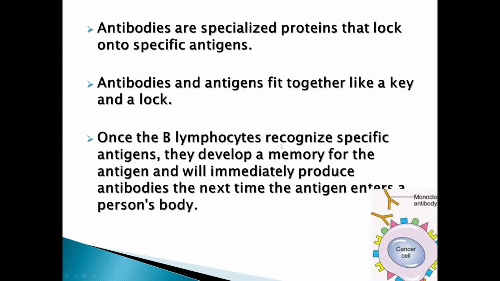So antibodies and antigens fit together like a key and a lock. Just like if you have different locks at your home, all of them require an individual key. It is the same thing with antibody and antigen. The antigen that causes the disease requires a different antibody. That's why they say it works just like a lock and key.